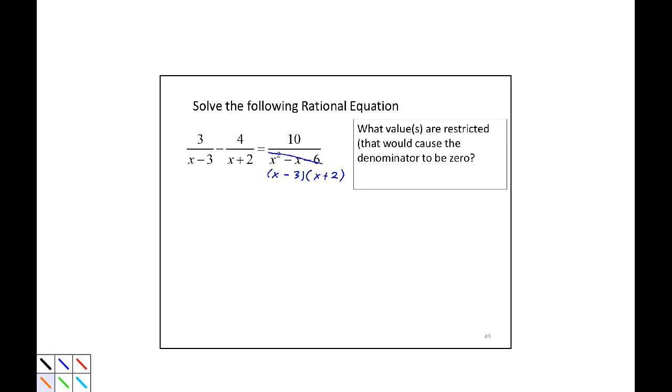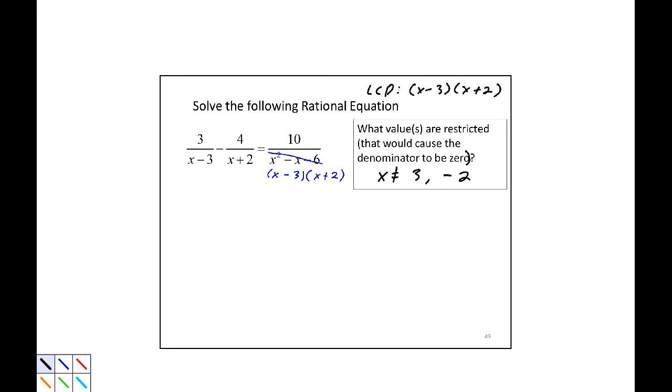Now I'm going to multiply both sides. I'm just getting ahead of myself. My denominator would be 0 if x were 3 or negative 2. So x cannot be 3 or negative 2. And then from there, it looks like our least common denominator will include both of those factors, x minus 3 and x plus 2.